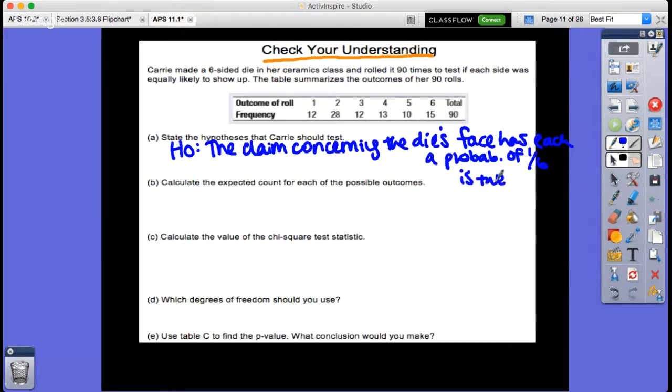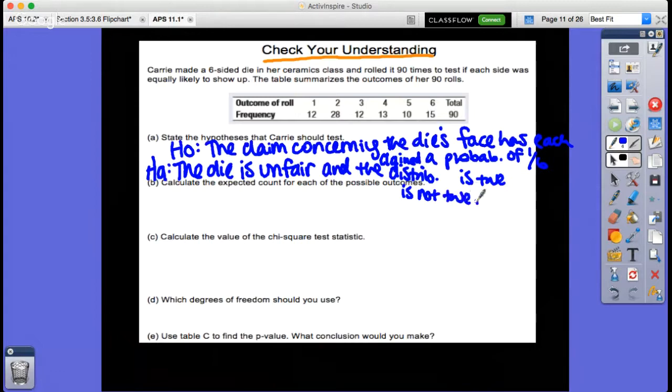I could have reworded that, maybe made it not as wordy, but that's how we'll go. Okay. The alternative: we say the die is unfair and the claimed distribution is not true. Okay? Cool.